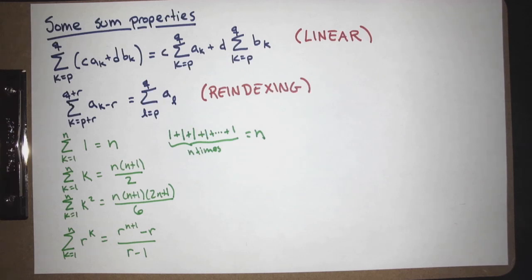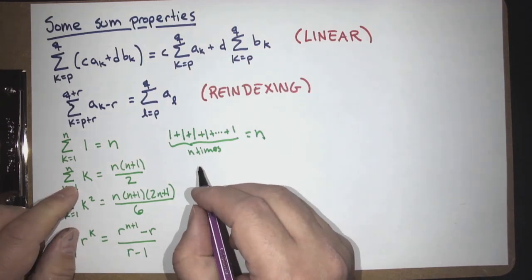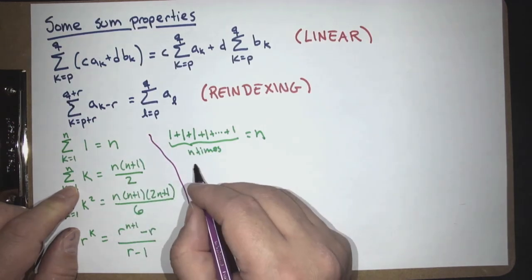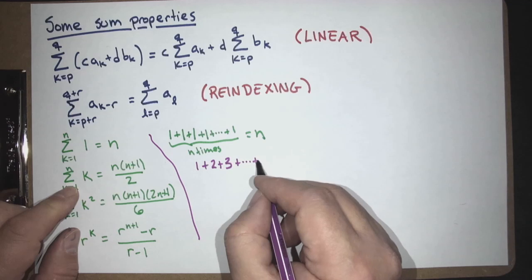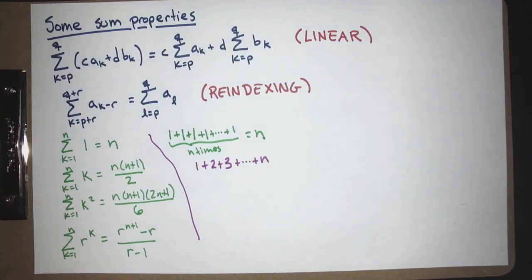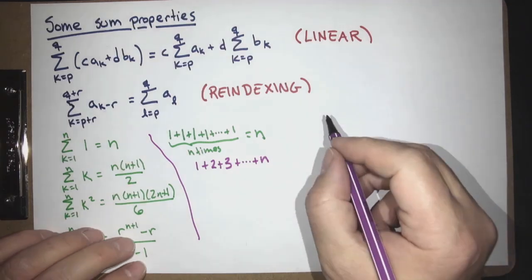Now the second one, you may have seen this before. Here, this is adding k. So this is 1 plus 2 plus 3, all the way up to plus n. Now, there's a couple of ways to visualize this. Here's one way to do it.